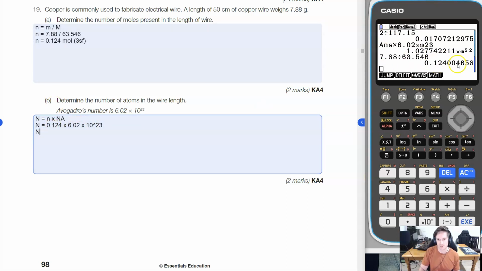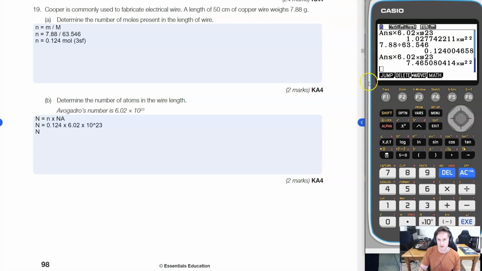Use the precise measurement here. Okay, so multiply by 6.02 times 10 to the power of 23. Yep, that is going to be 7.4647 times 10 to the power of 22 molecules of copper.